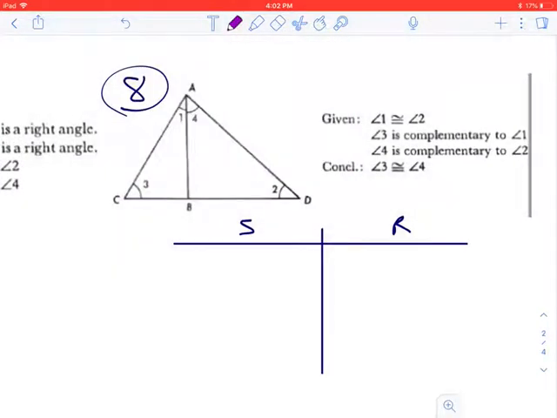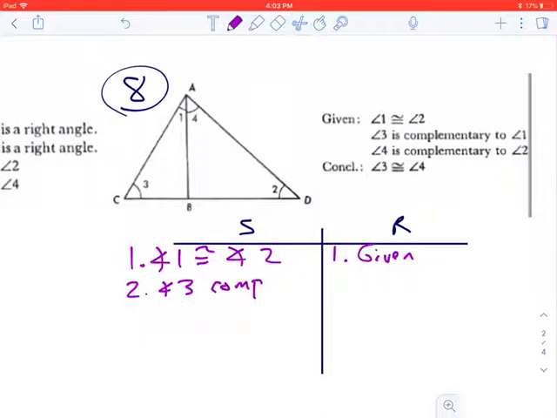Number 8 says the given is angle 1 congruent to angle 2. That's given. 1 and 2 are congruent. It also says angle 3 is complementary to angle 1. And it also says angle 4 is complementary to angle 2. Well, this one's kind of simple.